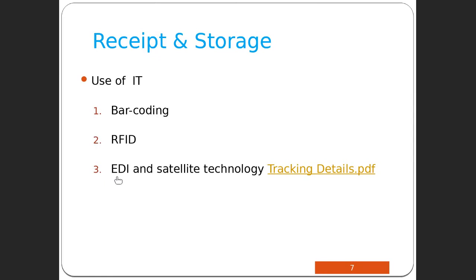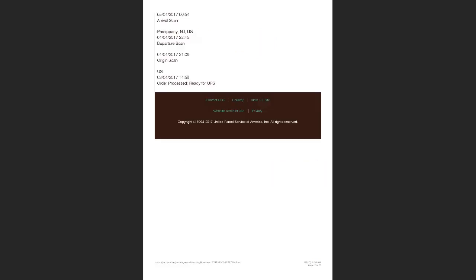The third, EDI, which is electronic data interchange, and satellite technology. And I want to show you something here, a tracking detail of something that I had ordered some time back. And it shows this is real time when the item is scanned.